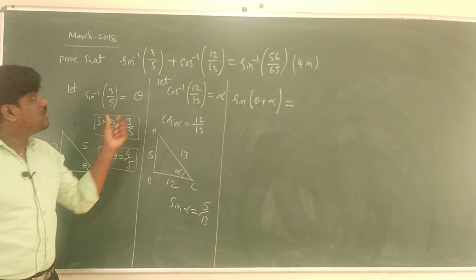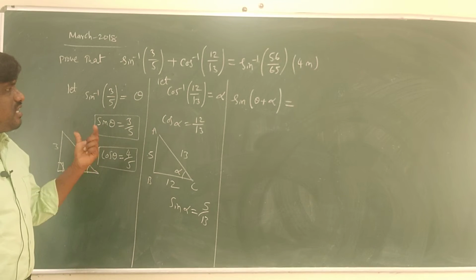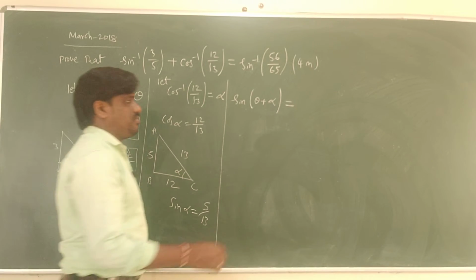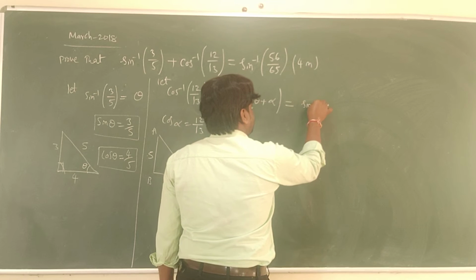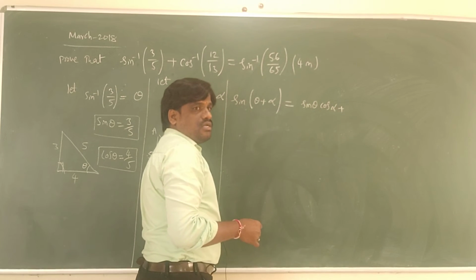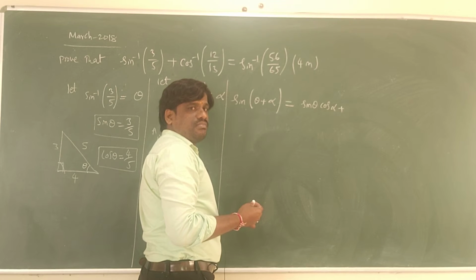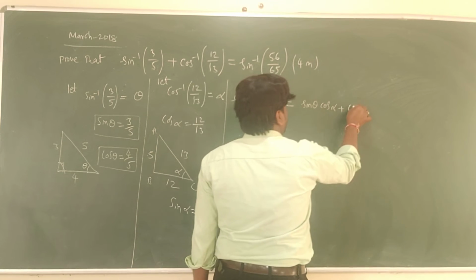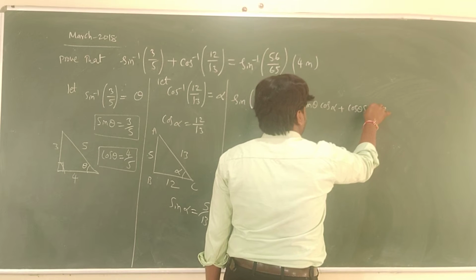But even so, you can use this criteria: sine of a plus b formula is sine a cos b plus cos a sine b.